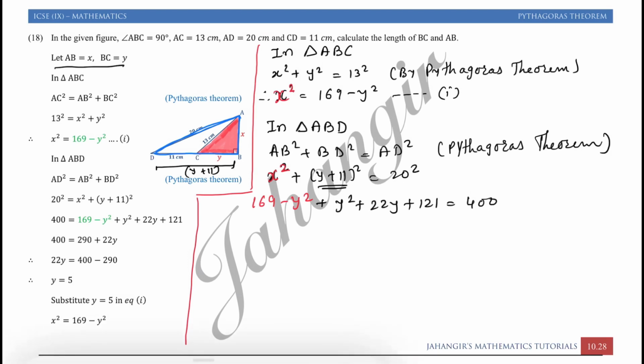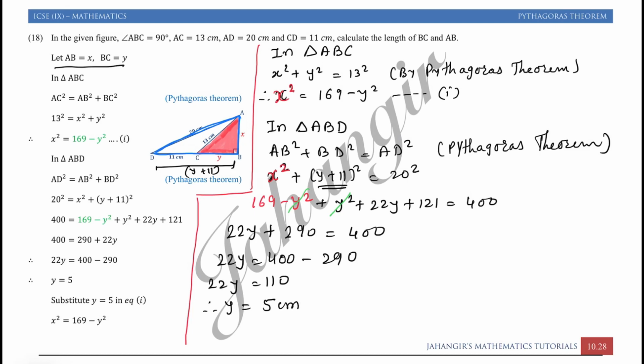So you can see y square and y square will get cancelled. 22y plus 169 plus 121, that is 290, is equal to 400. 22y is equal to 400 minus 290. 22y is equal to 110. So therefore y is equal to 5 centimeter.